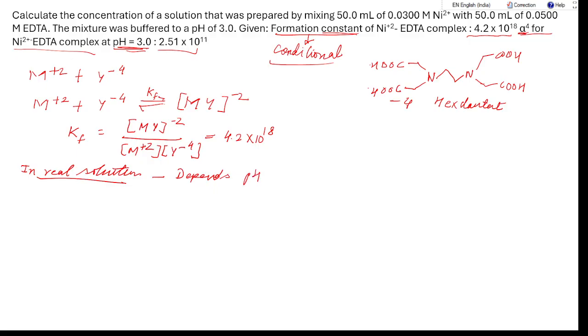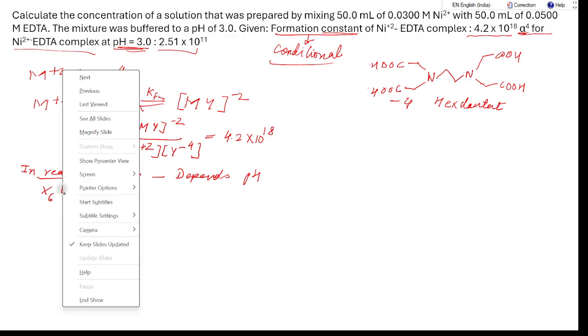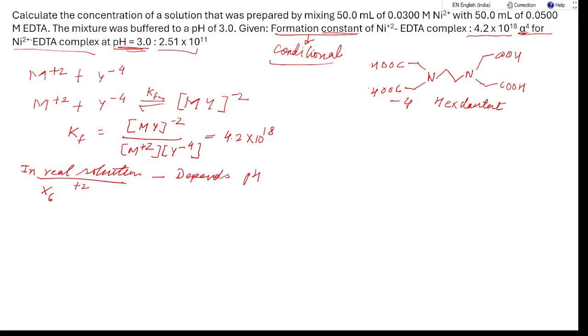Based on pH it can form multiple types of ions like H6Y^2+, H5Y^+, or H4Y without any deprotonation, or it may be H3Y^-, H2Y^2-, HY^3- or Y^4-.